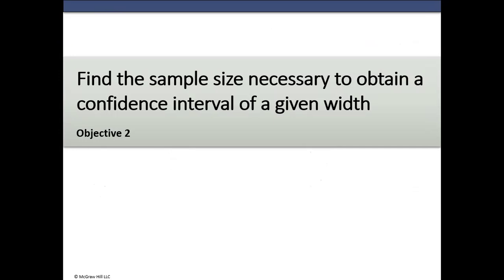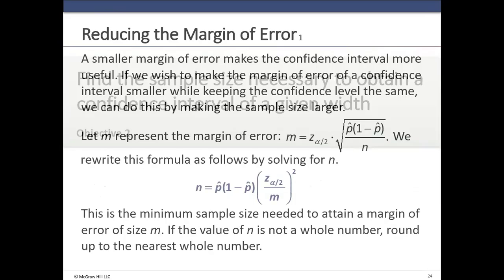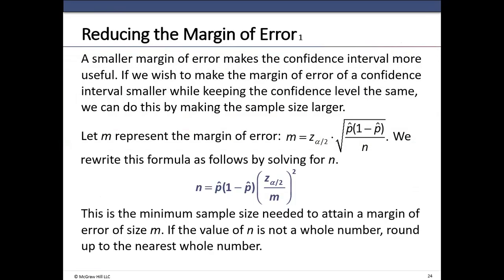Then we are finding the sample size. I will go straight to the formula. N is the minimum sample size needed to maintain a certain margin of error and a certain confidence level. Here p hat is the sample proportion.